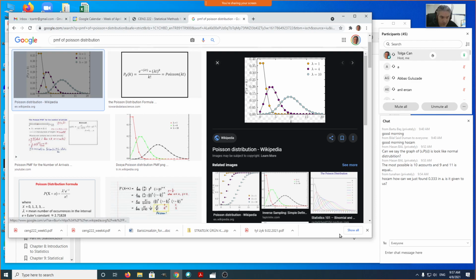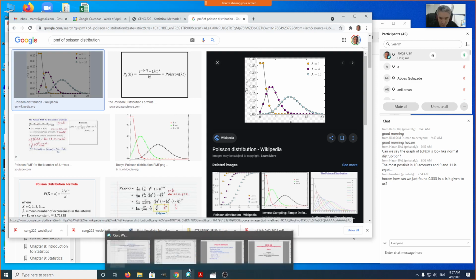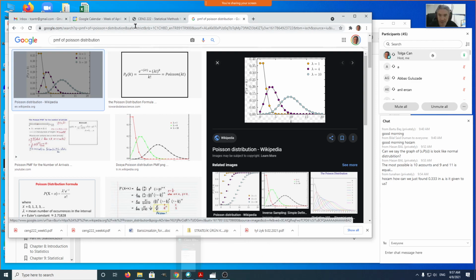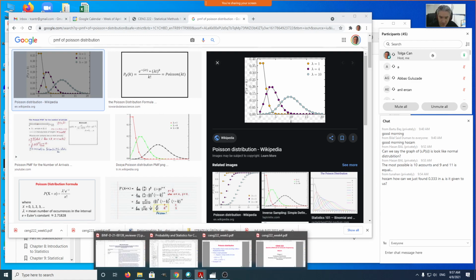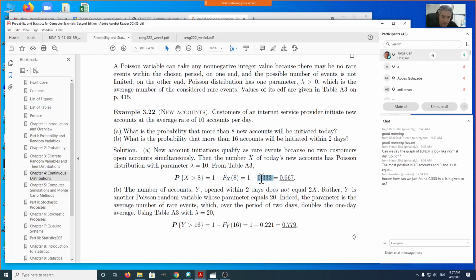Let me also go to your last question, which is how did they find in part A that 0.333? This one, we look at the table. Either we can use MATLAB to query for the Poisson CDF.